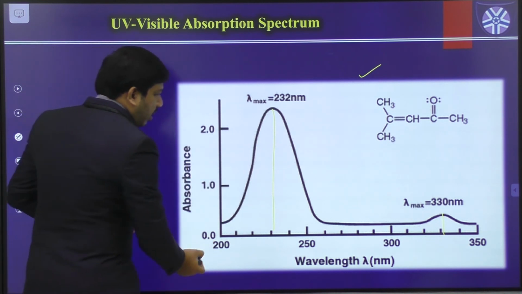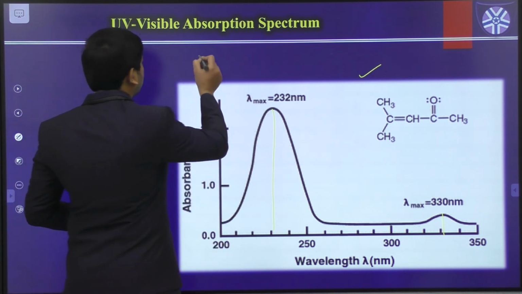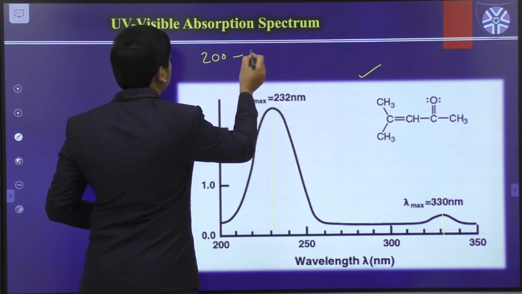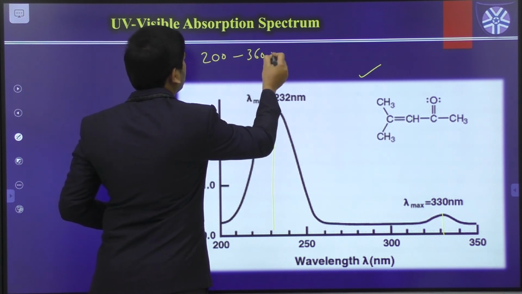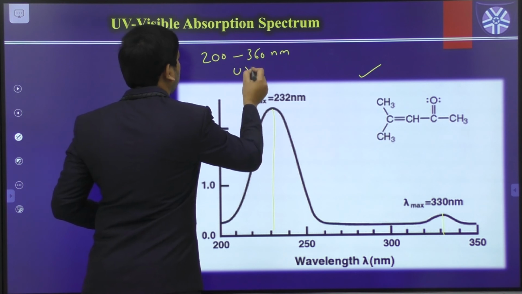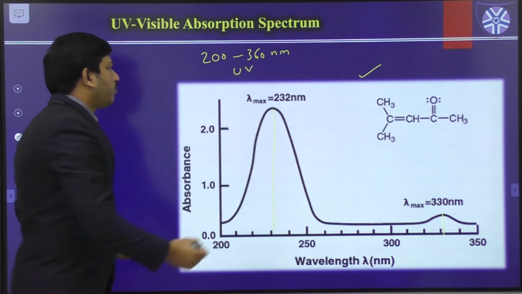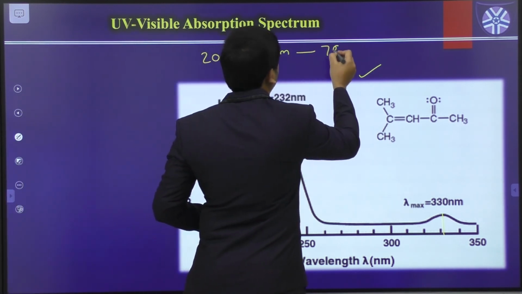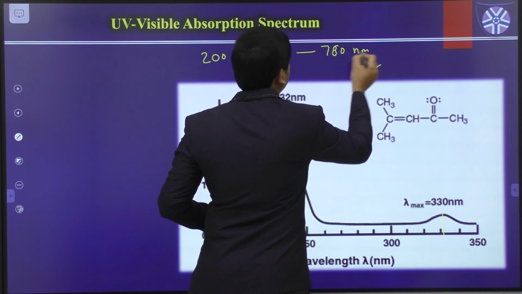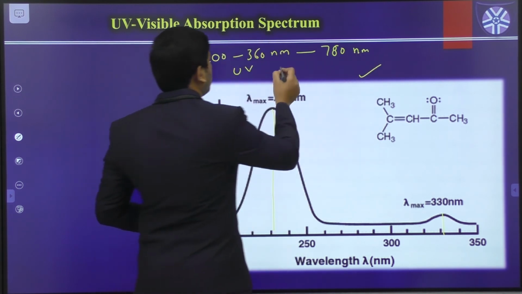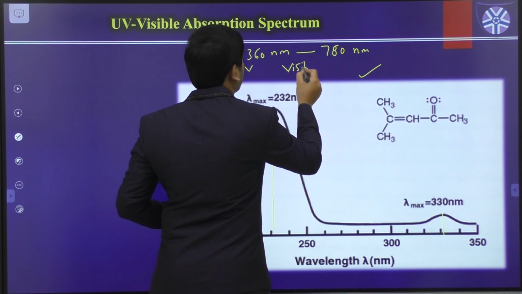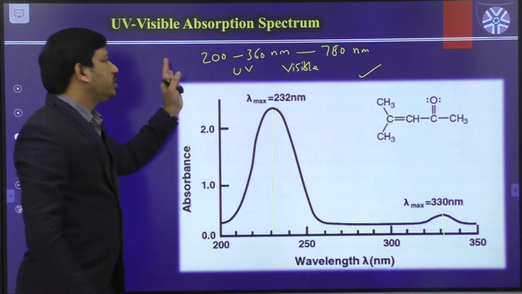The ultraviolet region is 200 to 360 nanometers. From 360 to 780 nanometers we define the visible region. So this is the entire region.